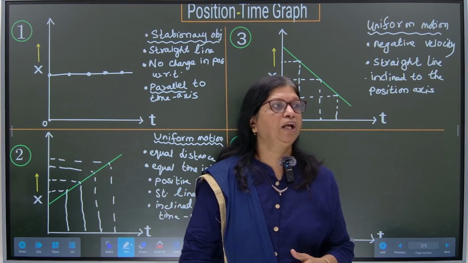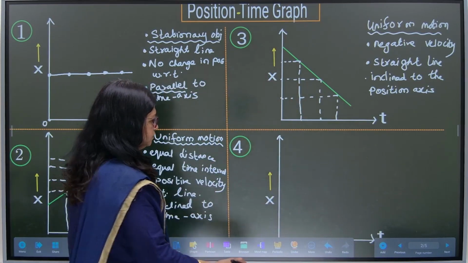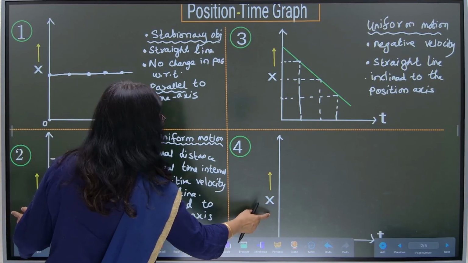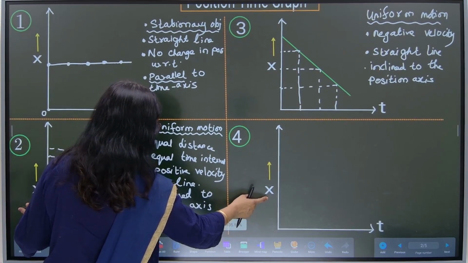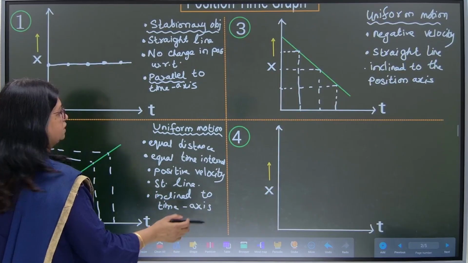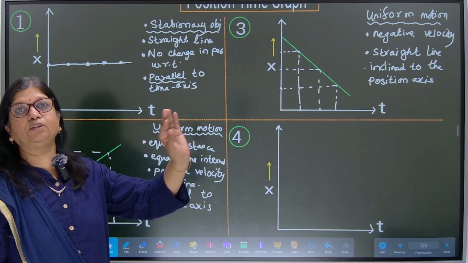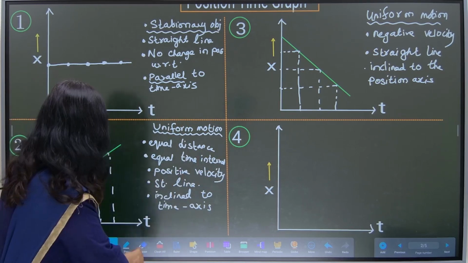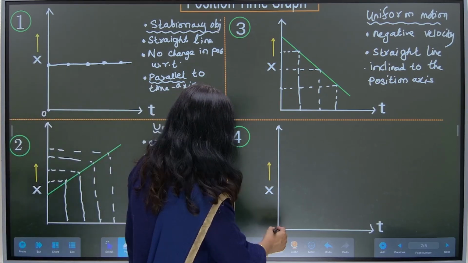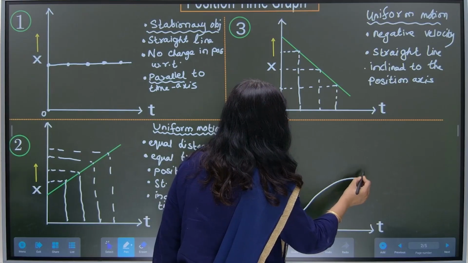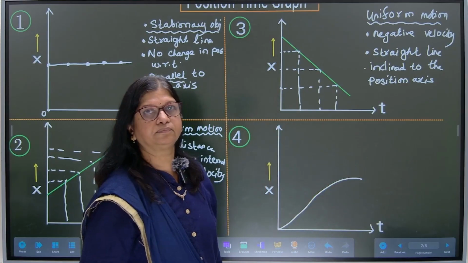Understood? Okay. Now, let us go to one more category of the graph in which I have again plotted the position on the y-axis and the time on the x-axis, and I'll start from the origin and I'll just draw some motion.